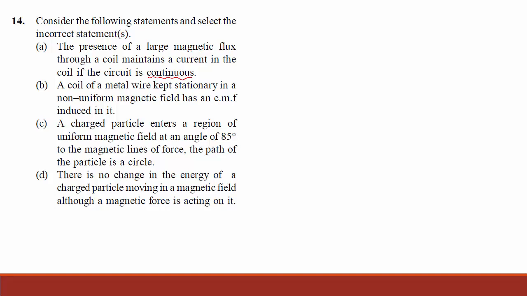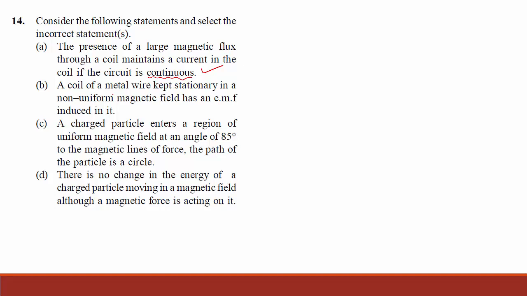Magnetic flux means the magnetic field lines passing through the given surface area. If there is a changing magnetic field, then induced EMF takes place that produces current in the coil. And that current is maintained in the circuit when that circuit is continuous. Circuit is continuous means when the plug key is closed, then it can maintain the current. So this is the right option.